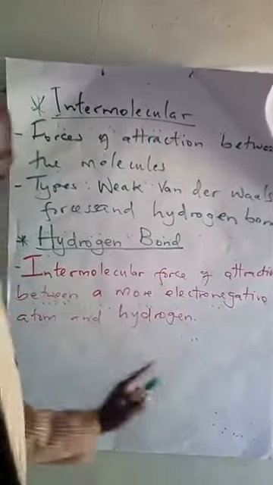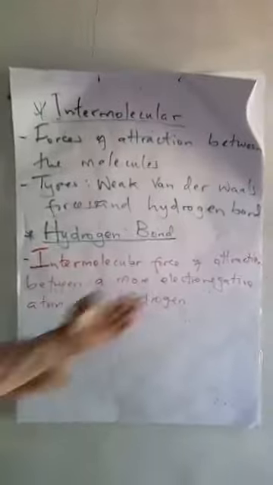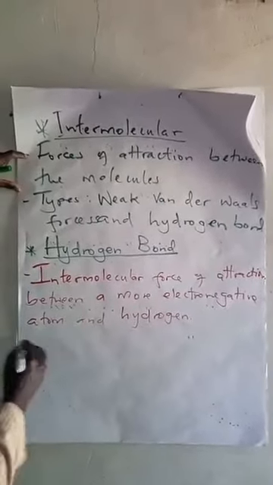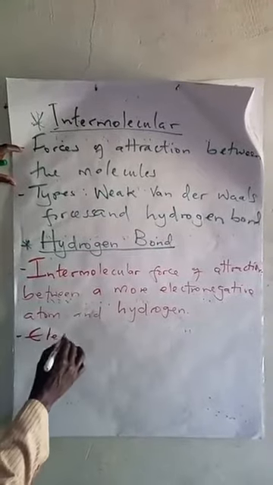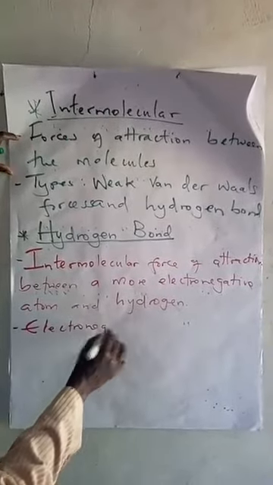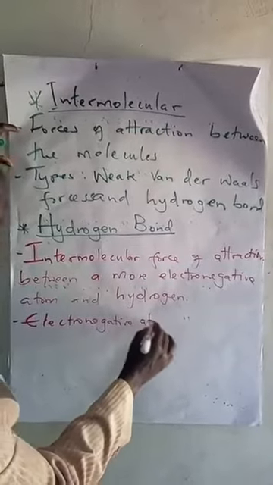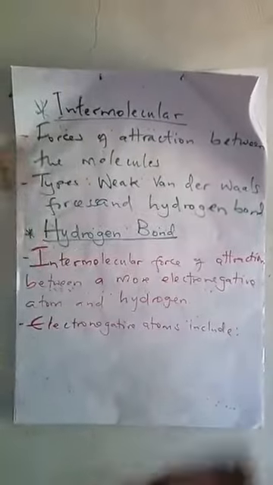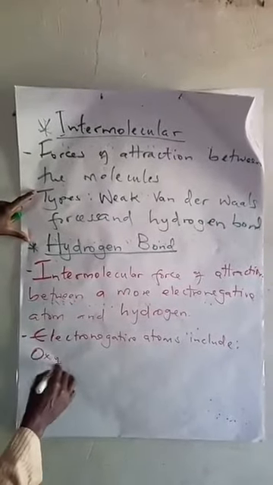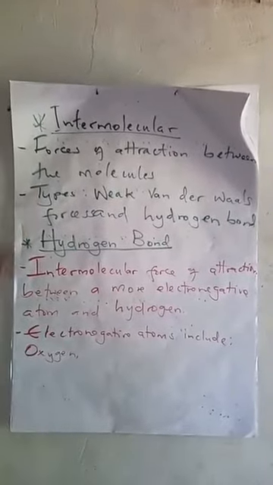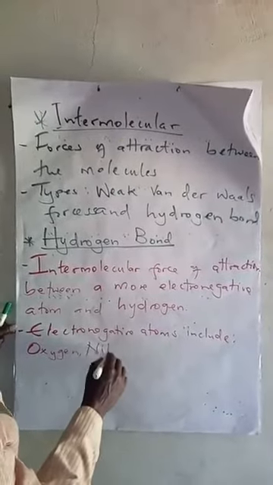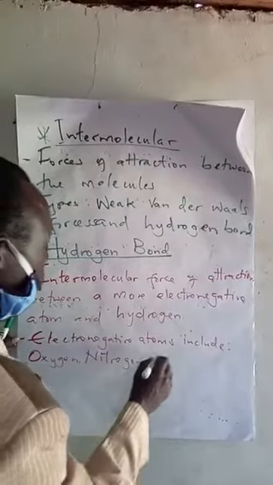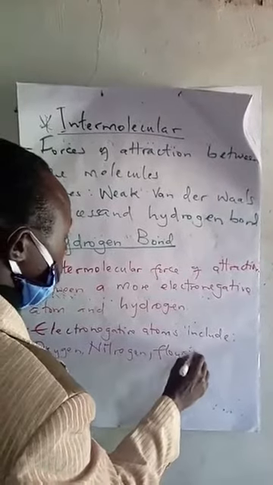bonds to a hydrogen. Examples of these more electronegative atoms include oxygen, nitrogen, fluorine and others.